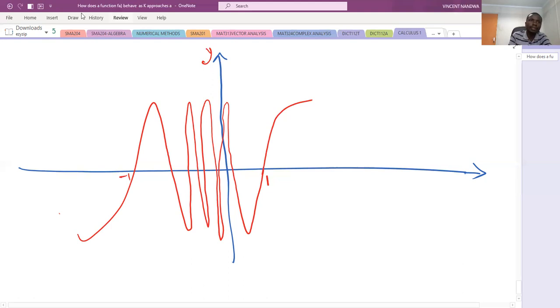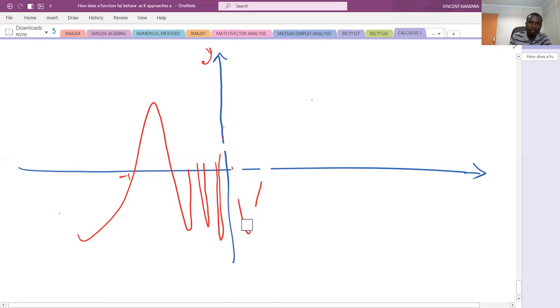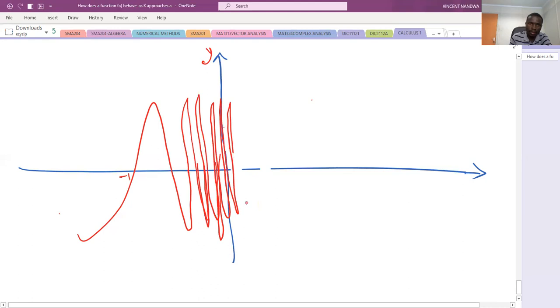So actually, here we have more. This is how the function looks like. They are more concentrated around this place.